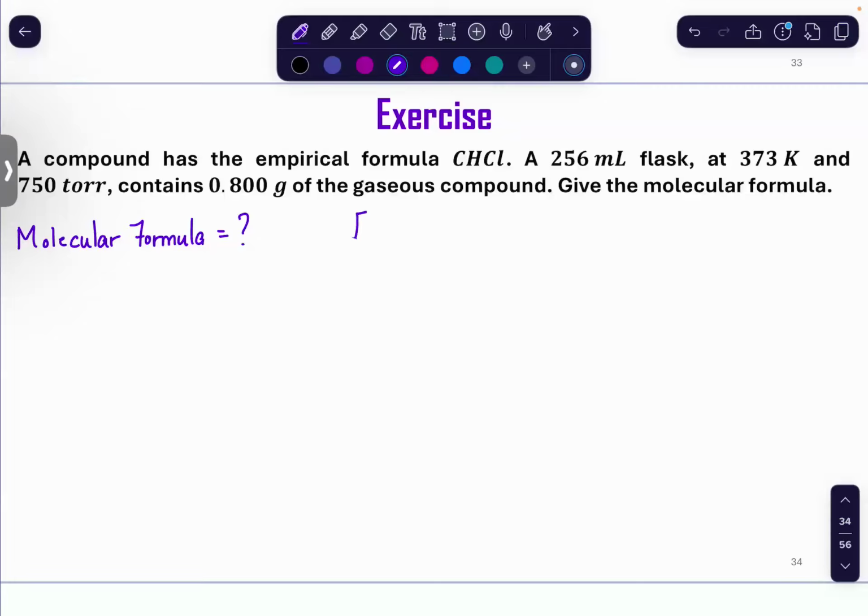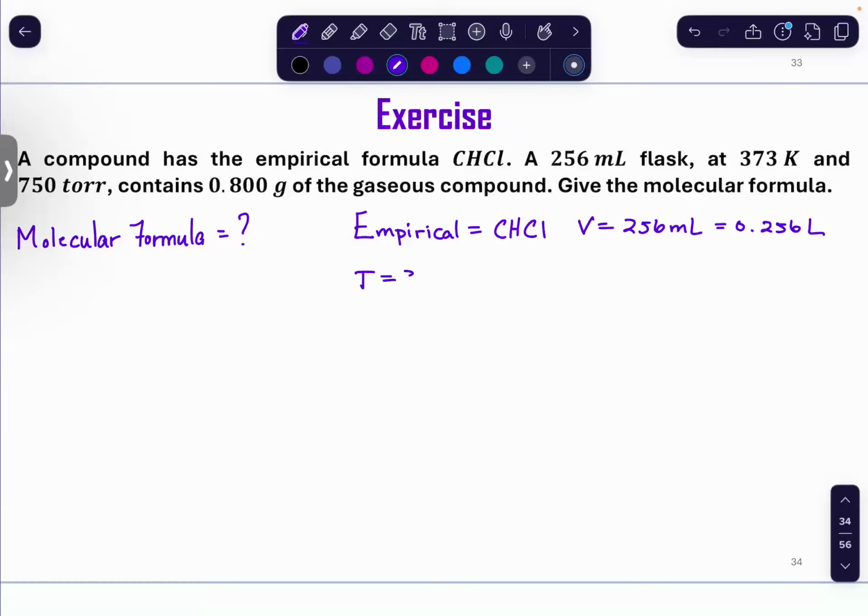Okay, well, let's see our volume. We also know that 256 milliliters is 0.256 liters, because remember, liters is the unit that's in the ideal gas constant.